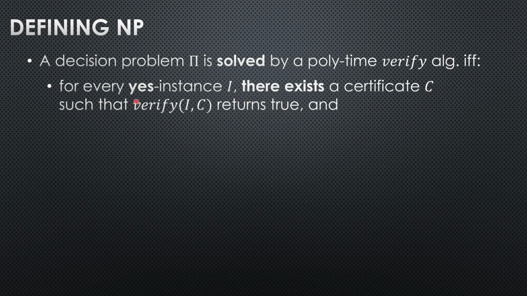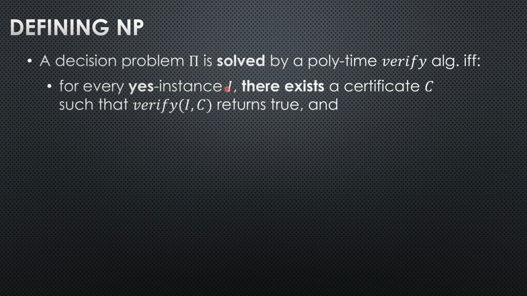There has to be, for every yes instance, and for the way that you defined certificates, because you have to define what your certificates are for your problem type, some certificate that proves that the answer is yes. And then you can assume that the non-deterministic oracle will return that certificate if it exists.